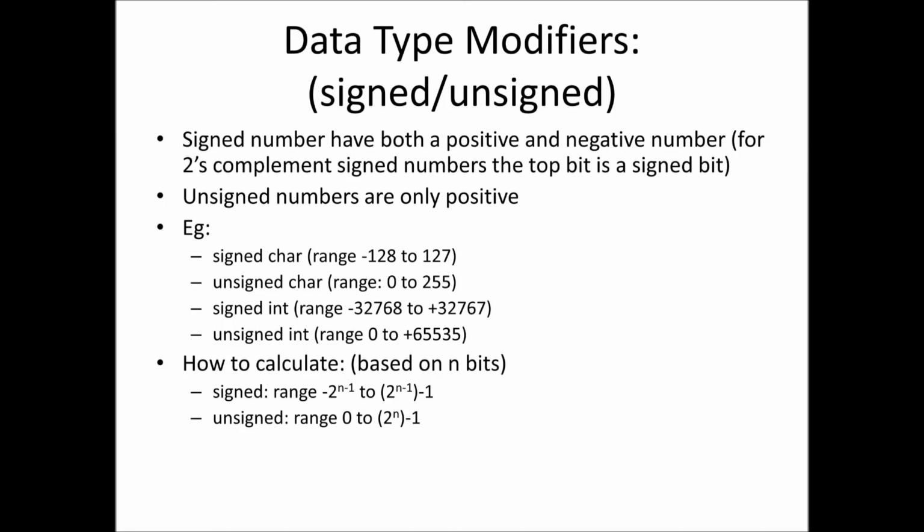So for an integer, for example, minus 2 to the power of 15 gives us minus 32,768. And on the positive side, 2 to the power of 15 minus 1 gives us 32,767. For an unsigned one, the smallest number that we can represent is 0.